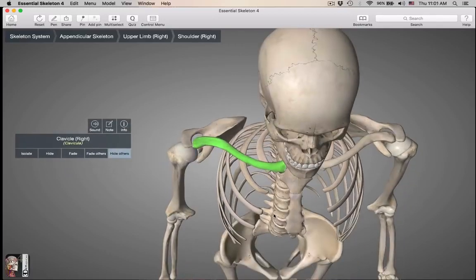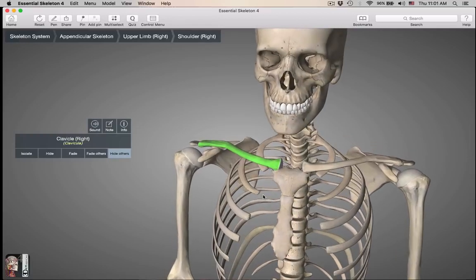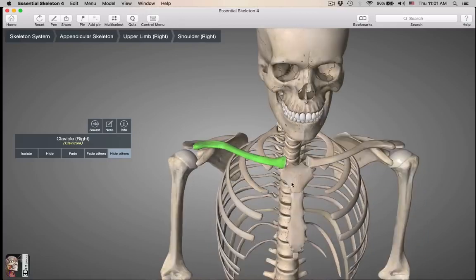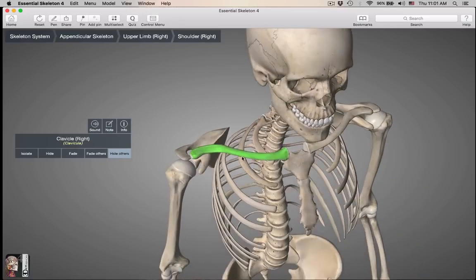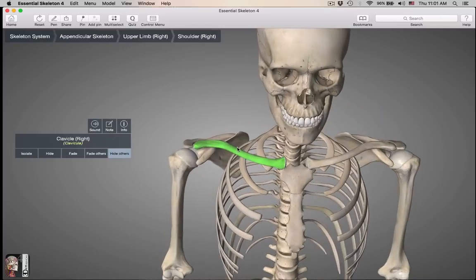Now, when you look at the clavicle and you pick it up, you're going to see one end of the clavicle is blunt and fat and squatty here, and the other end is flared out. So you're always going to have, this is called the sternal end. Why is it called the sternal end? Because it is articulating with who?